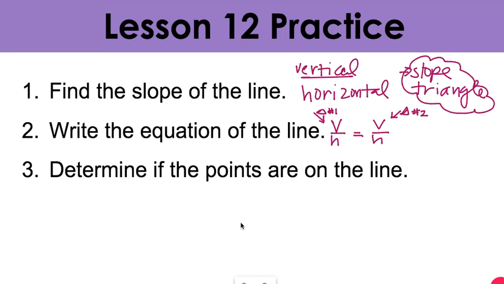This is just like the activity we did in lesson 11, where I asked if you thought a specific point would be on the line, and you turned the point into a fraction, and then had to determine if they were equivalent. We'll practice that some more too.